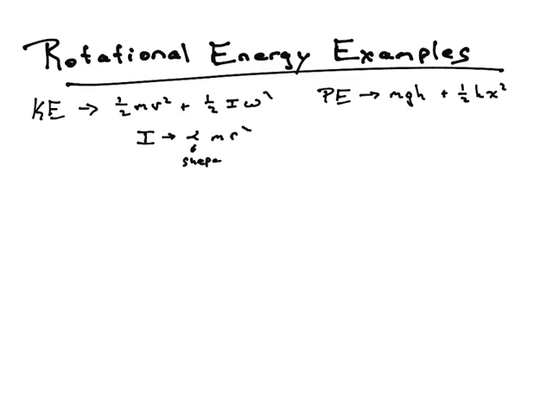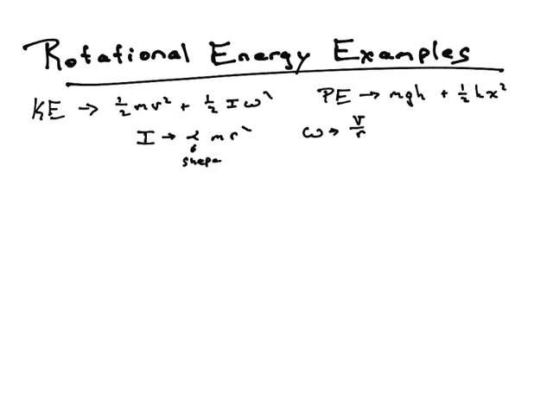And also, we have the fact that omega is related to v over r. This is helpful if, let's say, I want to know how fast the ball is rolling at the bottom of the hill. Well, I want to know the linear velocity, but my conservation of energy equation has an omega in it, and I don't know anything about omega.